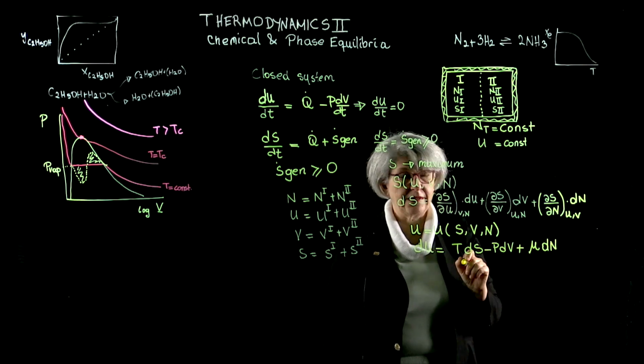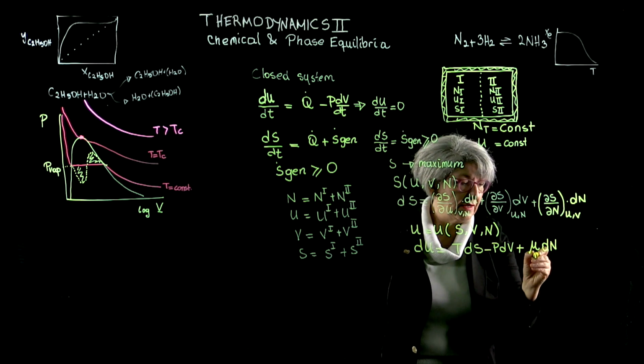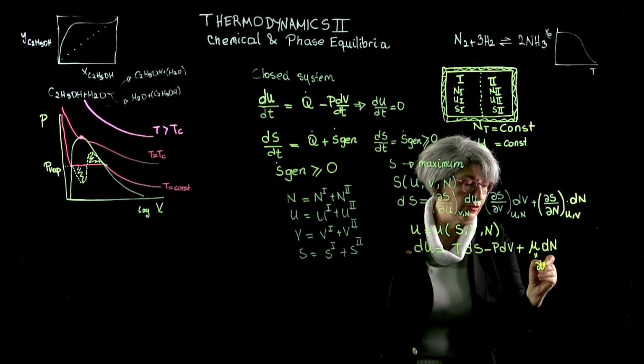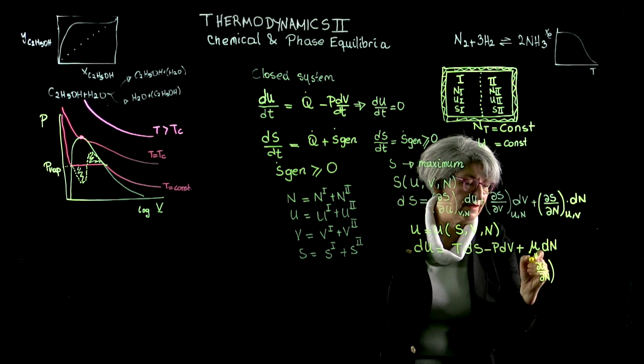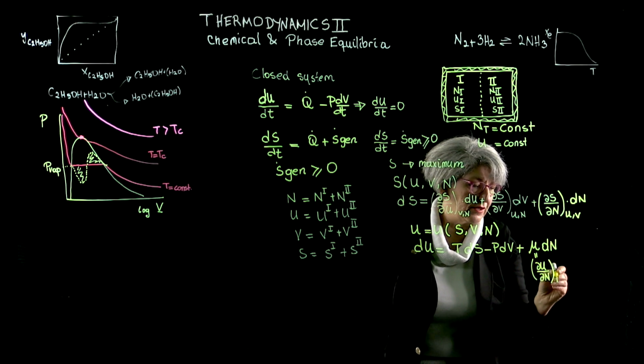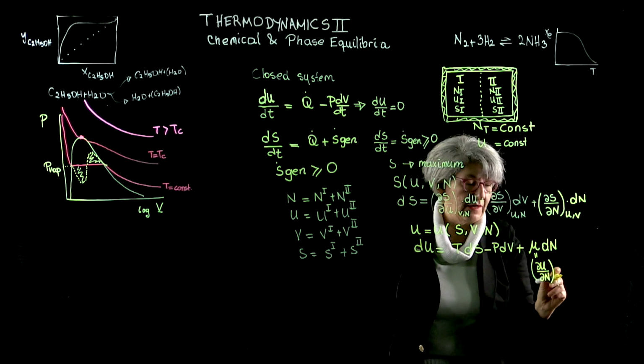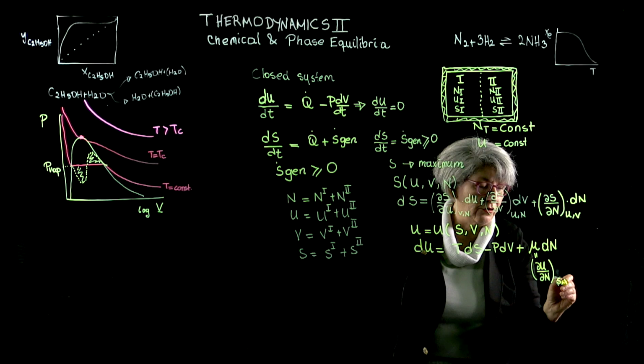Mu was the chemical potential, del U over del N at constant entropy and volume.